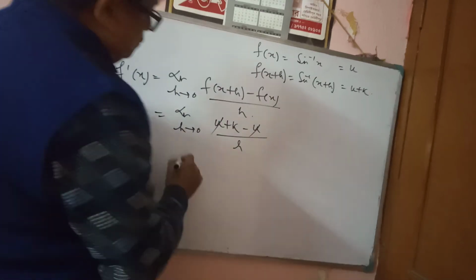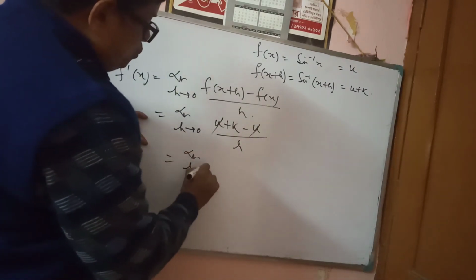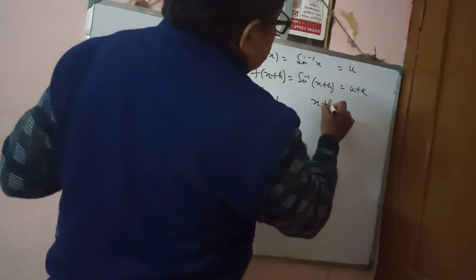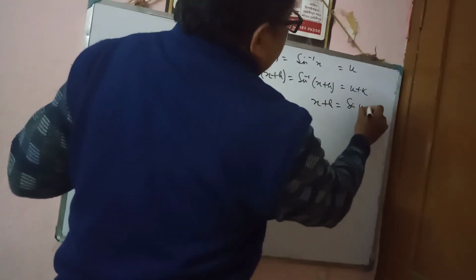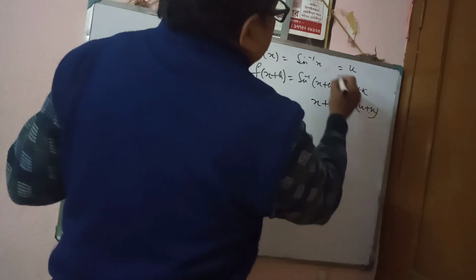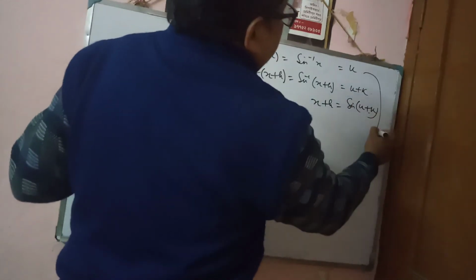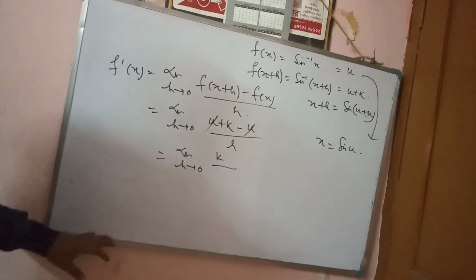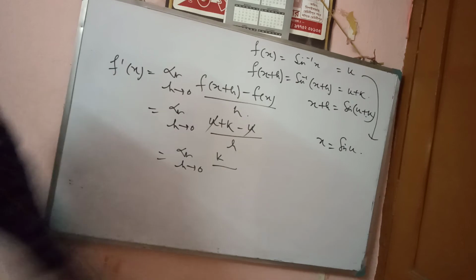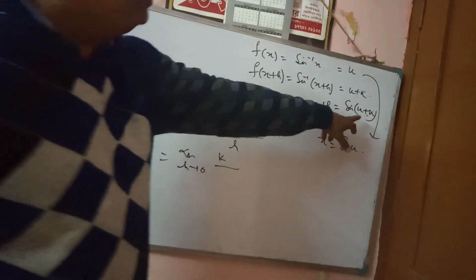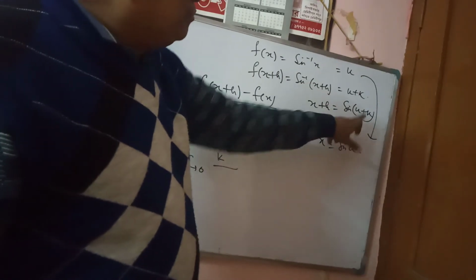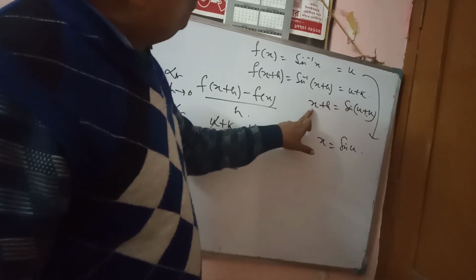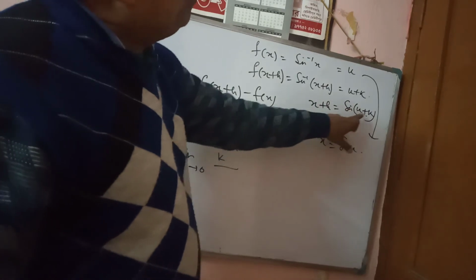So you cancel now. So limit h tends to 0 of k by h, where x plus h is sin(u plus k), and here x equals sin u. Clearly h tends to 0 implies k tends to 0. Put x as sin u, so sin u plus h equals sin(u plus k).